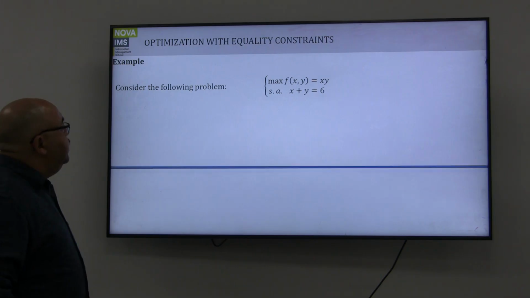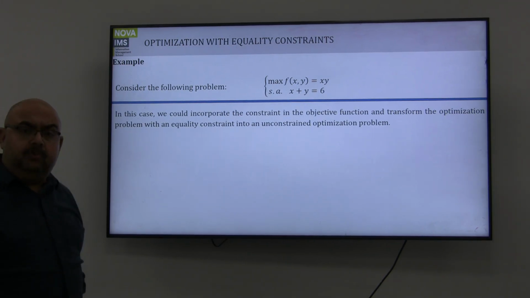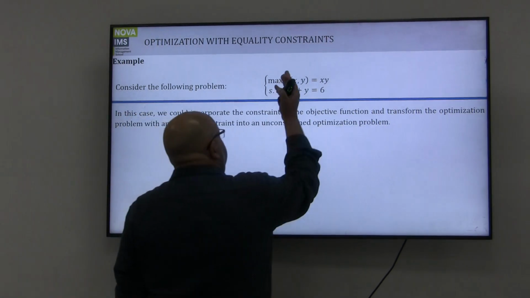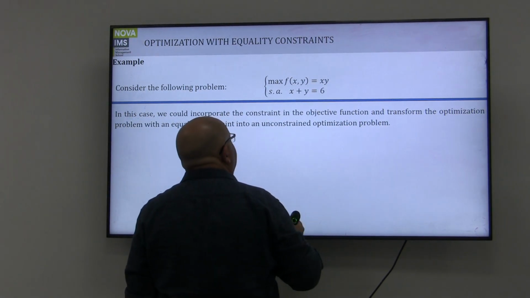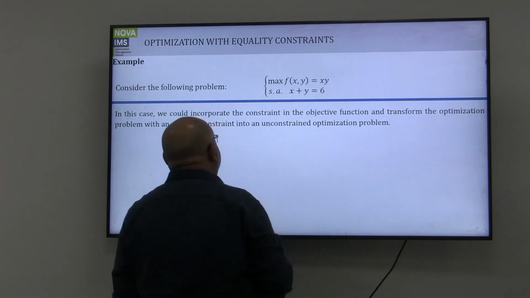I will go through the substitution method by considering this problem. I need to maximize f(x,y), which is x times y, subject to the constraint x plus y is equal to 6.